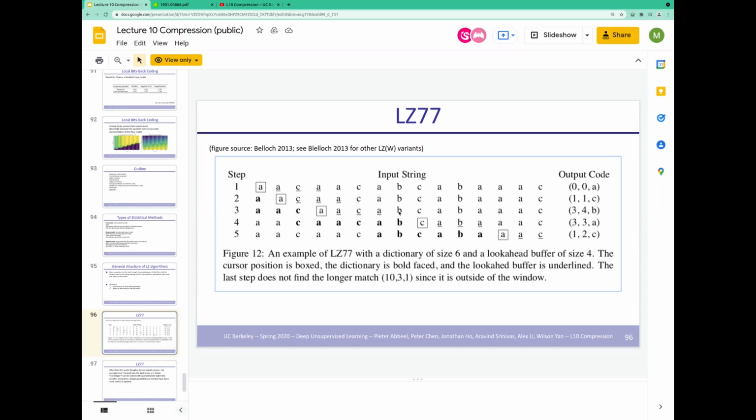Then AACAB happened before, and you can see that this whole thing happened before, and you can just say, well, this has a look ahead buffer of size 4, so I guess you can't do more than 4. But yeah, it's just 1, 2, 3, 4. It'll look for AACA, and then it will say AACA.